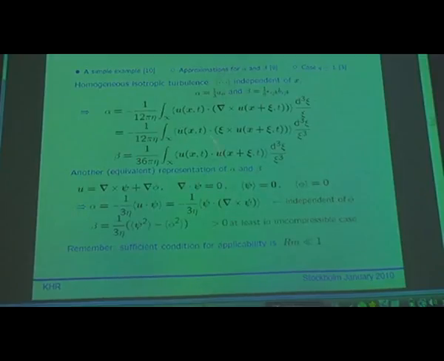Again, we return to homogeneous isotropic turbulence. Then all averages are independent of x, and we have, again, these relations for alpha and beta.